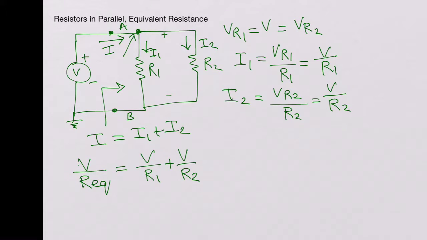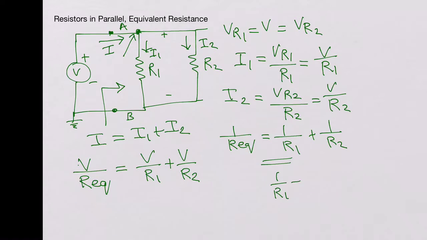So you could write 1 over R equivalent is equal to 1 over R1 plus 1 over R2. It's not only for two resistors. If you add a third resistor in parallel, it would be 1 over R1 plus 1 over R2 plus 1 over R3 and so on. So that would be 1 over R equivalent.